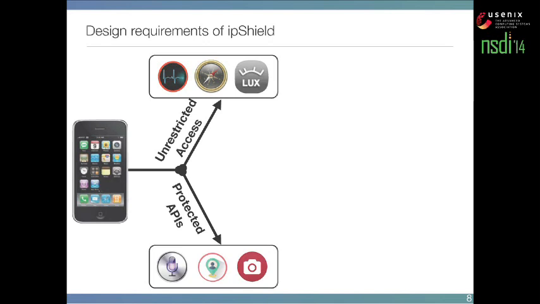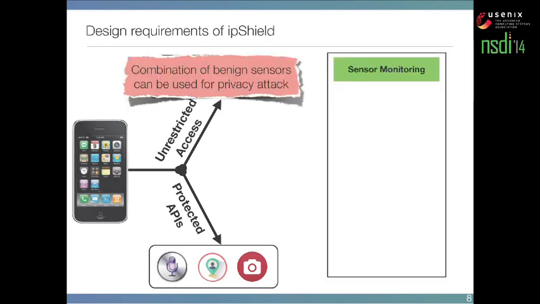But then you have this other class of sensors, which comprises sensors such as the accelerometer, gyroscope, and light sensor. So these are supposed to be benign or innocuous sensors, and applications have unrestricted access to these sensors. But what we have recently shown is that if you take enough data from these harmless sensors, you can still use sophisticated machine learning techniques to learn a lot more about the user and mount sophisticated privacy attacks.